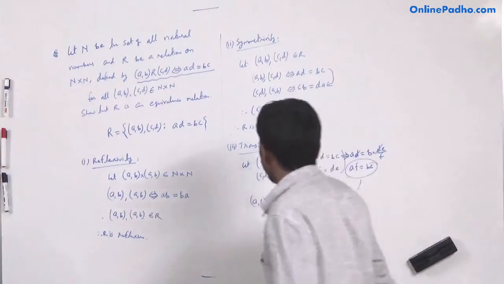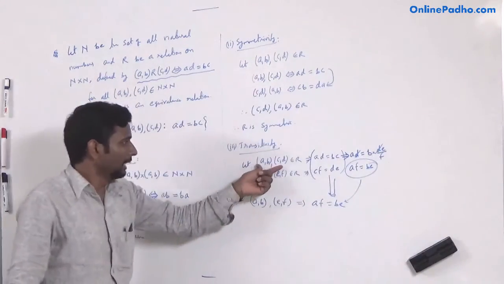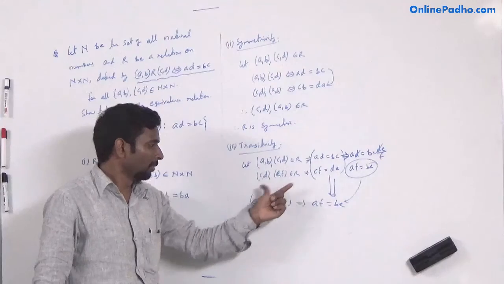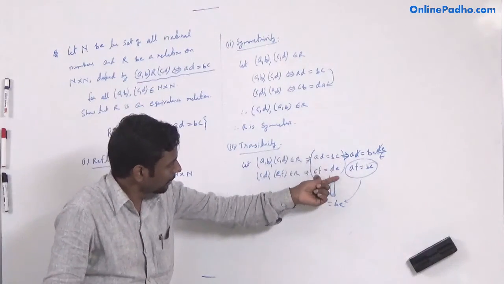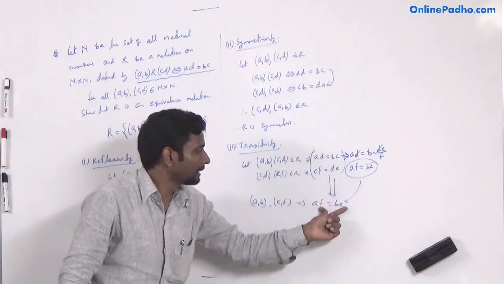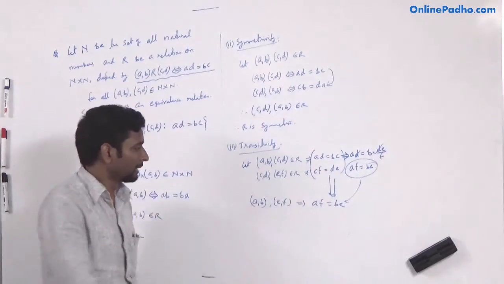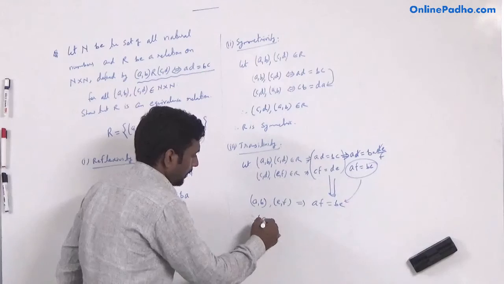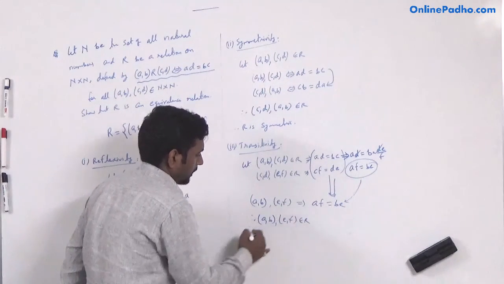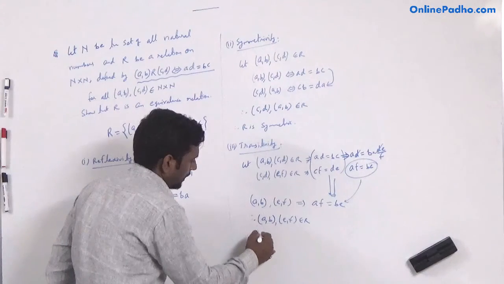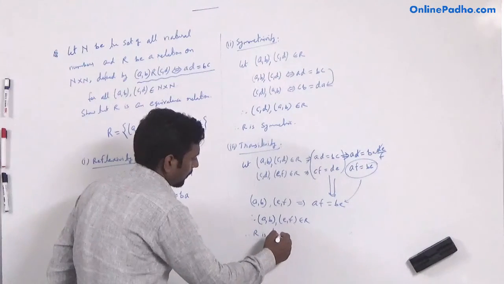So if (A,B),(C,D) belong to R and (C,D),(E,F) belong to R, then (A,B),(E,F) also belong to R. Why? Because with the help of these two equations, we proved this relation. So therefore, R is transitive.